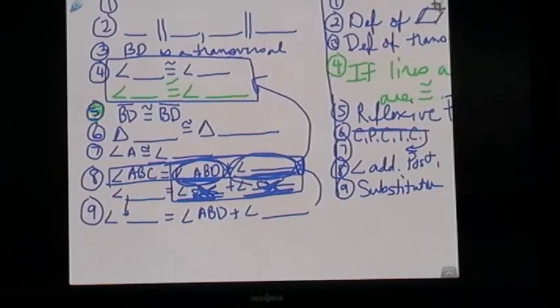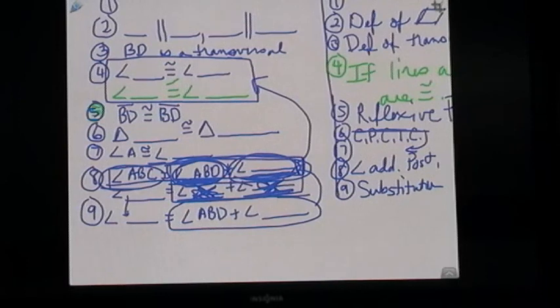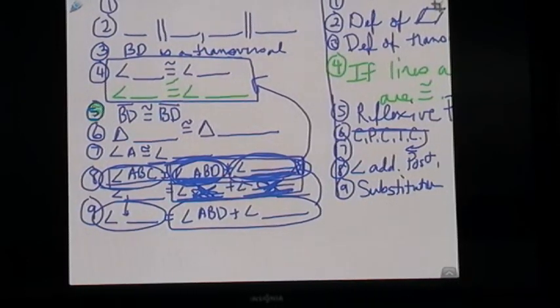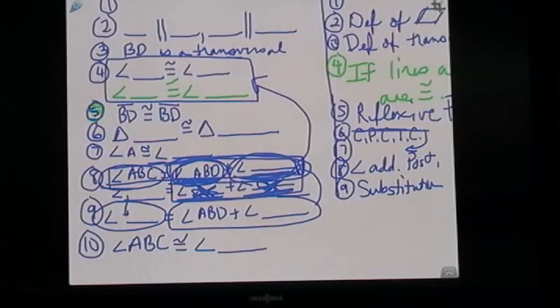All right, now then we've got this that's the same, and this that is the same, that's equal to this, and what you have right there. So 10 should be angle ABC is congruent to angle, and this is what they're calling angle D, but you go ahead and put in your letters the way you have them.